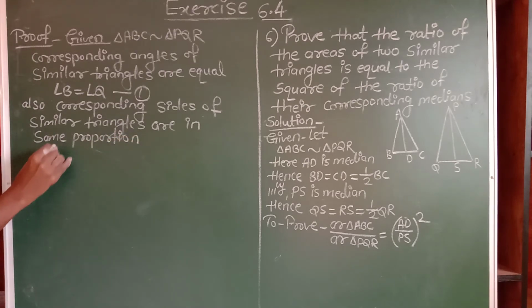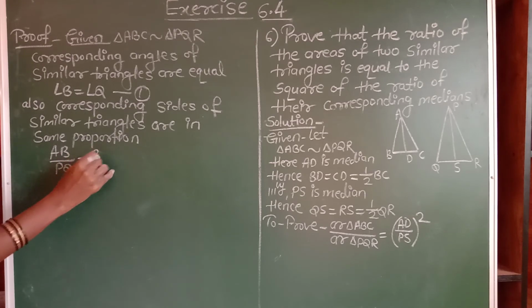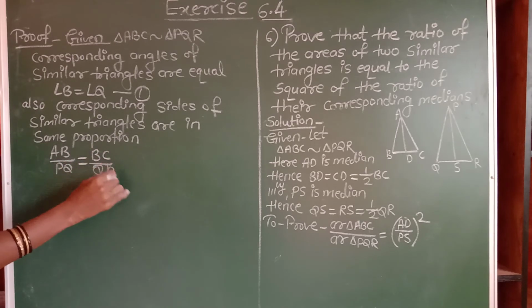So we can write here AB by PQ is equal to BC by QR.